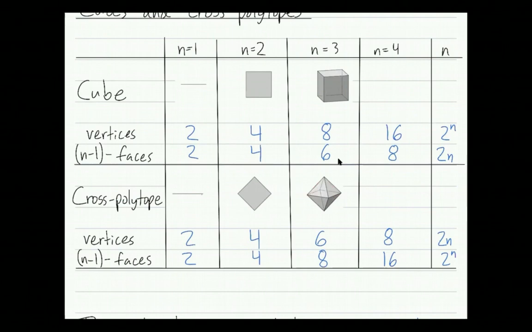Our base case is that the cross-polytope in dimension 1 has 2 faces of dimension 0, 2 vertices. Now when I suspend, I add a vertex above and below, and then this 0-dimensional face in the interval, so here's my interval, and I've circled the 2 0-dimensional faces. This 0-dimensional face becomes a 1-dimensional face in the northern hemisphere, and this 0-dimensional face becomes a 1-dimensional face in the northern hemisphere.